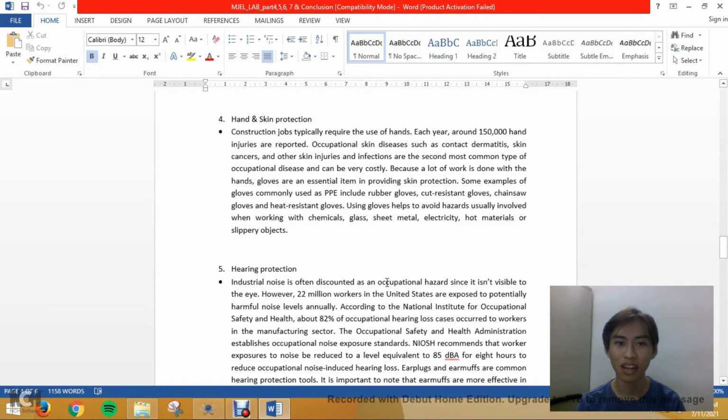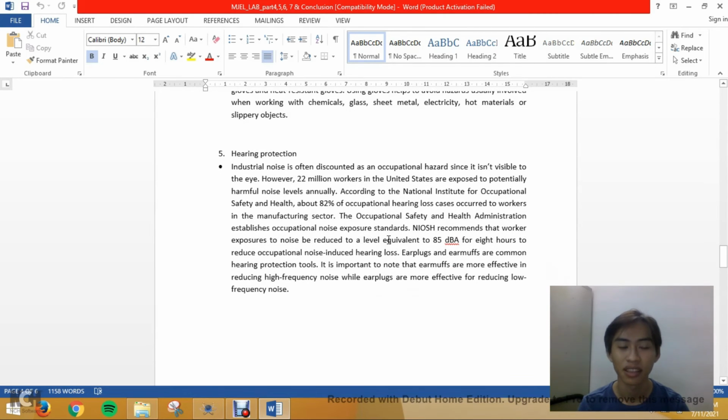Examples of gloves commonly used as PPE include rubber gloves, cut resistant gloves, chainsaw gloves, and heat resistant gloves. Using gloves helps to avoid hazards usually involved when working with chemicals, glass, sheet metal, electricity, hot materials, or slippery objects.